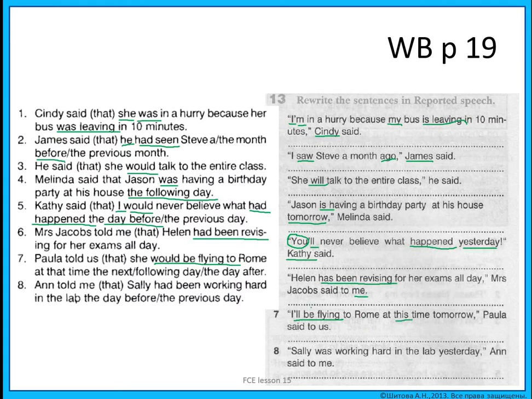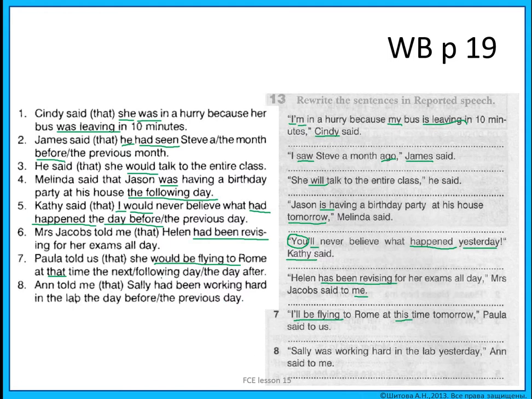Instead of this, we use that time. And instead of tomorrow, we use the following day.